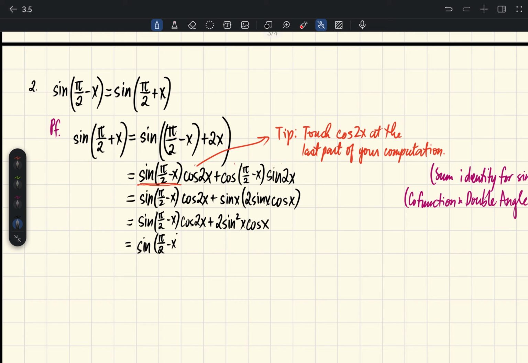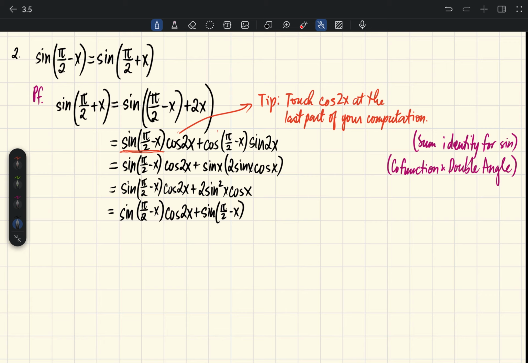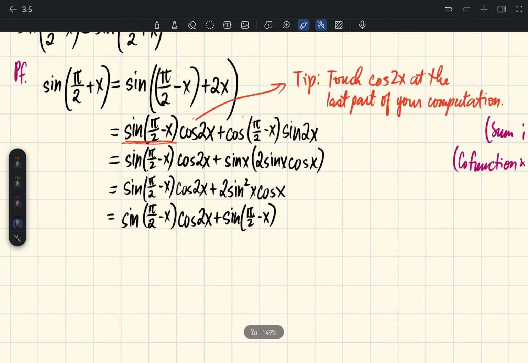So you have sine of pi over 2 minus x times cosine 2x plus cosine x can be written as sine of pi over 2 minus x times what will remain with you is this one, 2 times sine squared x. So times 2 sine squared x. So what we just did here is use your cofunction.